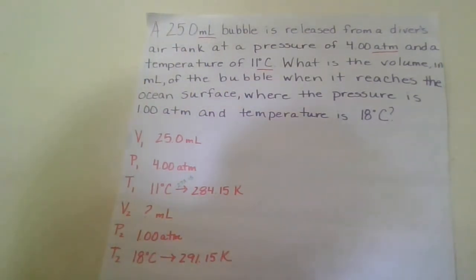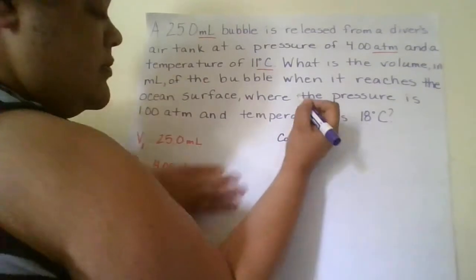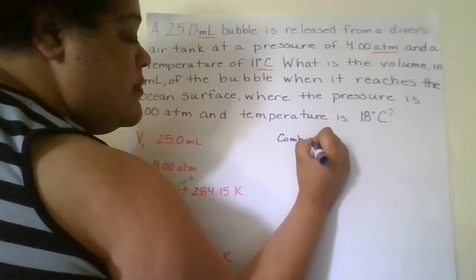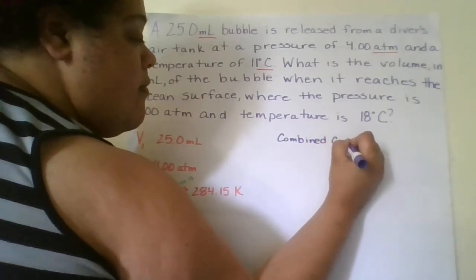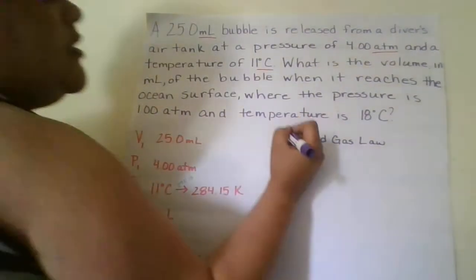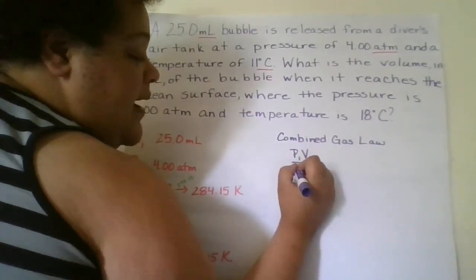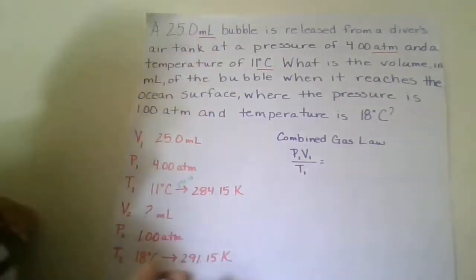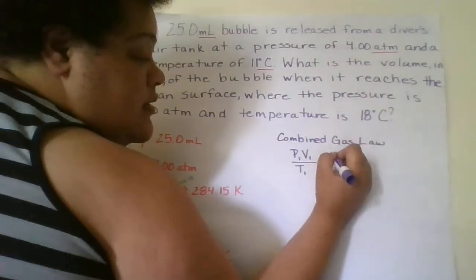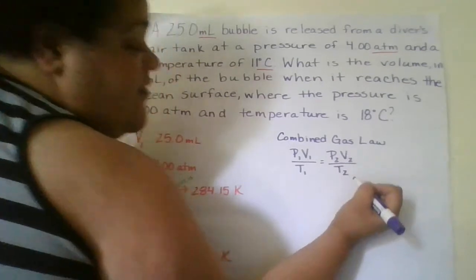Now that we have all of that, we can revert to our formula sheet and see what the combined gas law is. The combined gas law states that there is a relationship between the initial pressure and the initial volume divided by the initial temperature that's going to be a direct relation to the second pressure, the second volume, and the second temperature, or the final temperature.